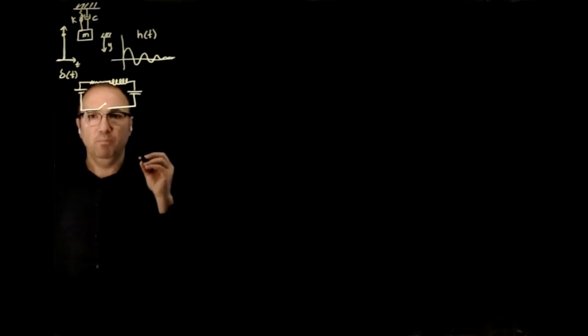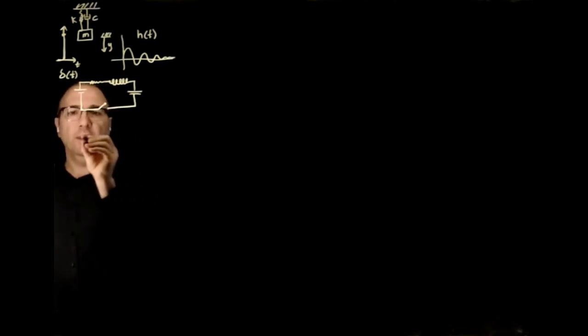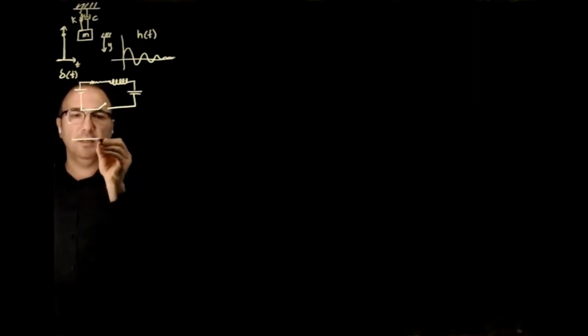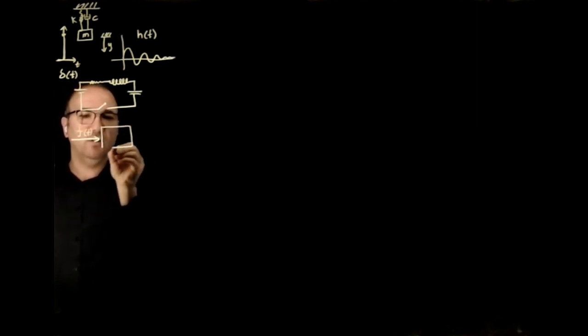We want to show that if we know that h of t, it reveals almost everything about the system, meaning that if I know that h of t, if I put f of t into our system, and this system should be linear time invariant, which we talk about in a short moment.